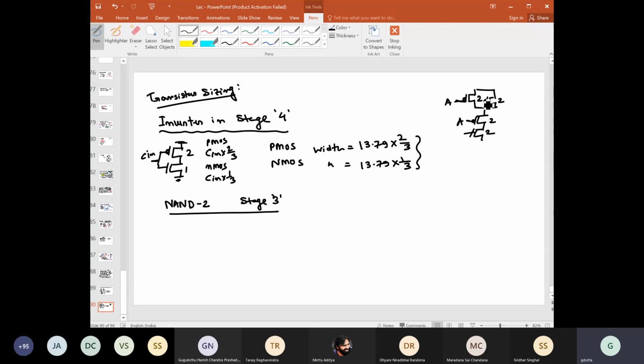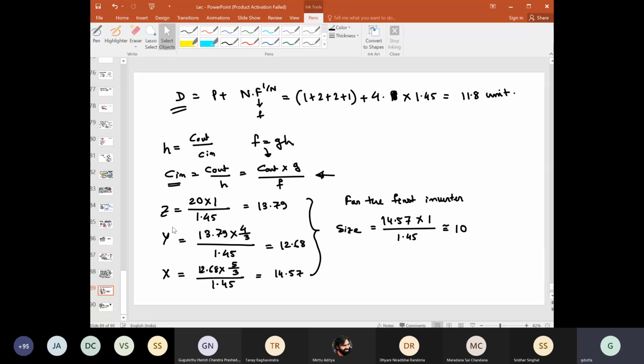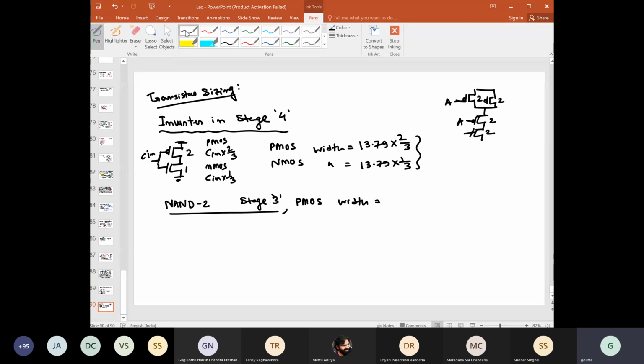That means half of the capacitance is coming from this PMOS and half from this NMOS. So from here you can easily calculate the PMOS width. This was Z, then the previous one is basically Y, which is 12.68. So 12.68 times half, and this NMOS width would be 12.68 times half, right?